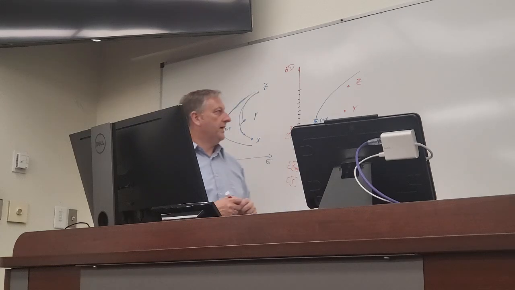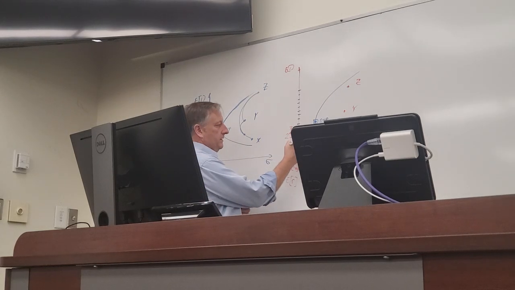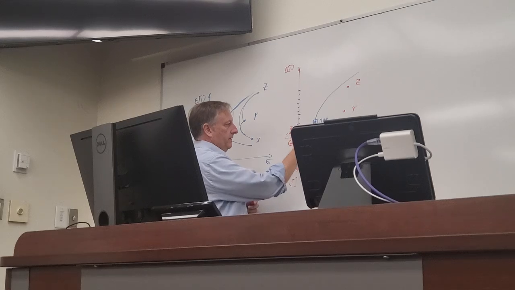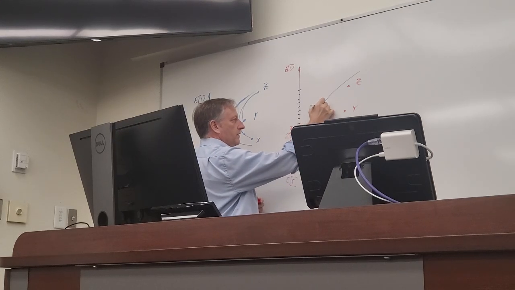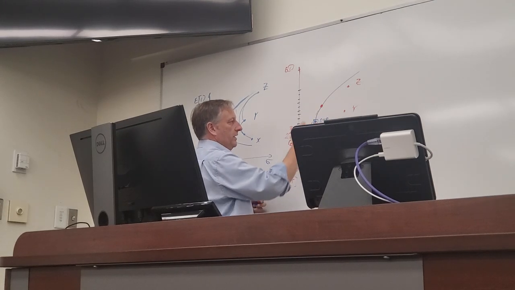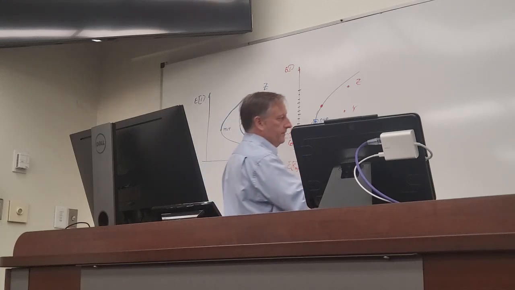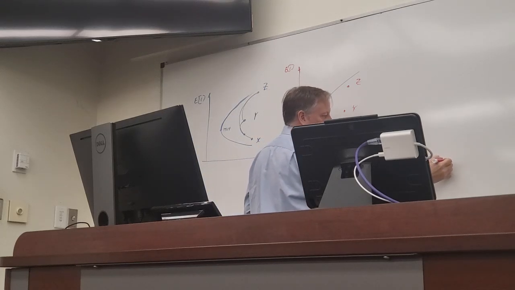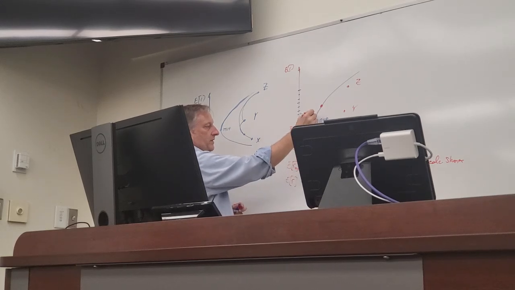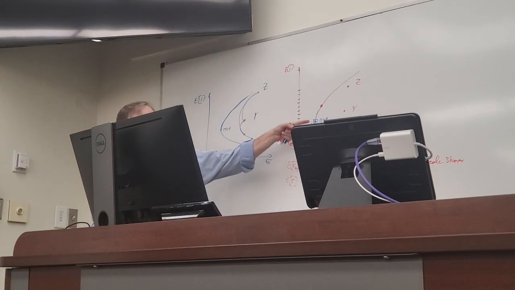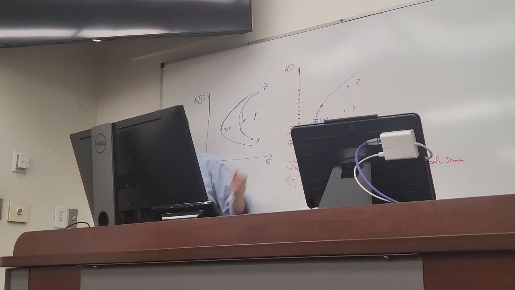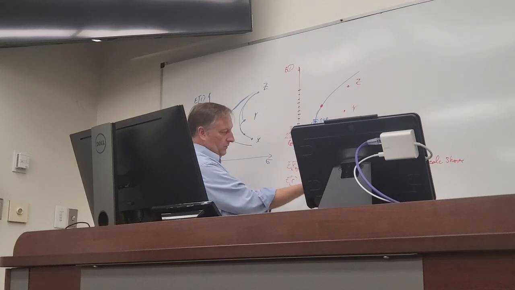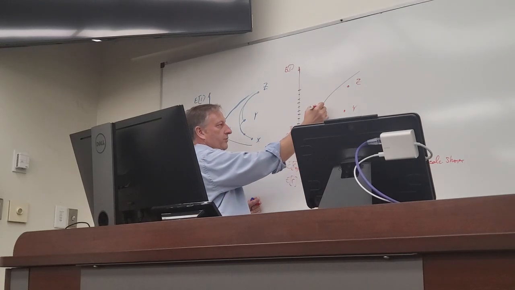So if there is a risk-free asset, and this is the rate, then if you can calculate the Sharpe ratio for each of those portfolios, there is going to be one that has the highest Sharpe ratio.